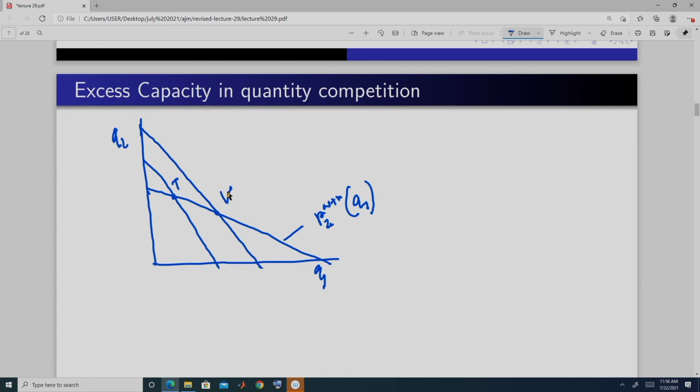Now, suppose the capacity of firm 1 is here, K1. What is the reaction function of firm 1? The reaction function of firm 1 is this thick blue line, kinked at this point, and the reaction function of firm 2 is this. So, this point is the outcome in Cournot competition.